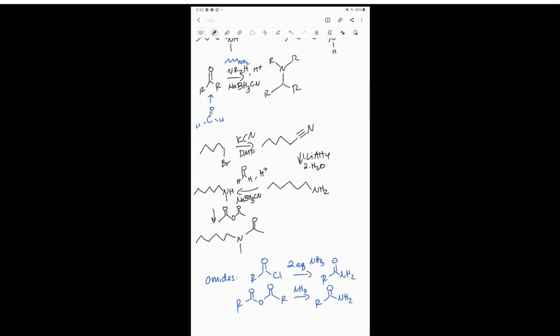So again here, the problem with using the acyl chloride is you need two equivalents of your amine. And since our amine is our starting material, it's hard to say that we'll have two equivalents of that, right? Typically if you're throwing ammonia in there, ammonia's dirt cheap, go ahead, waste your ammonia. Not a problem. But if you've spent all this time synthesizing this molecule and then you're going to lose half of it to the chlorine, it's pretty wasteful.